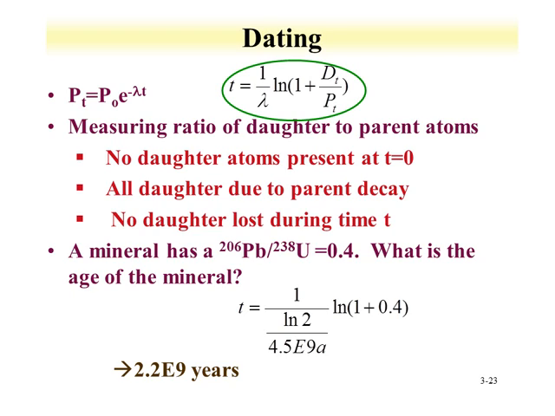That's 4.5 billion years. I can take a sample, measure this ratio, and then state the age of the mineral. I plug my terms in here, and I get 2.2 billion years. This route is actually used for measuring very old samples.